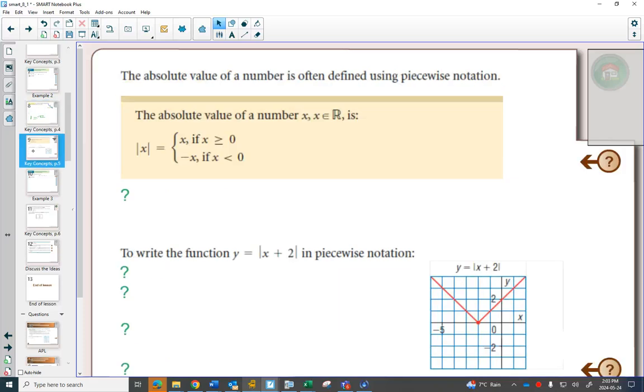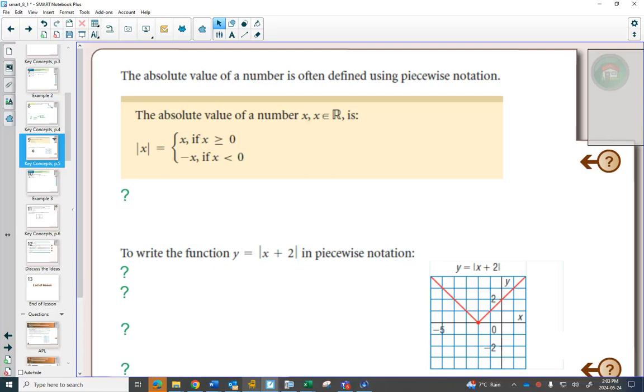So absolute values, this you have in your textbook. An absolute value equation is really, when you look at that V that we've drawn, it's really two different lines. One line stayed the same, and the other line got flipped up.